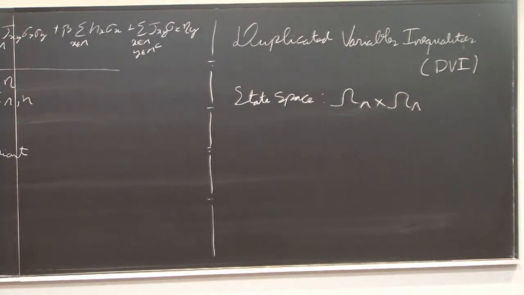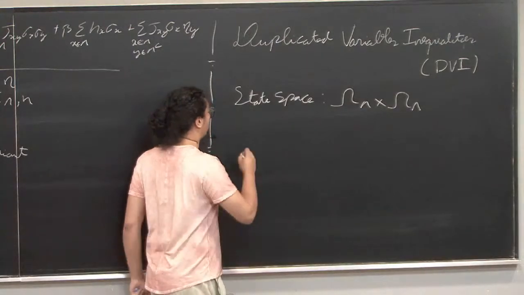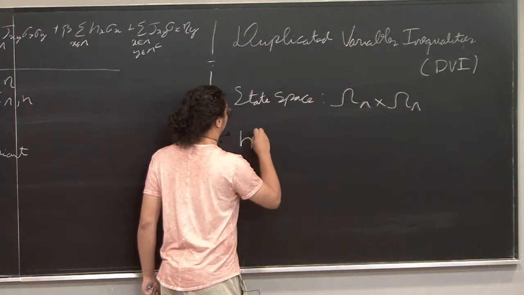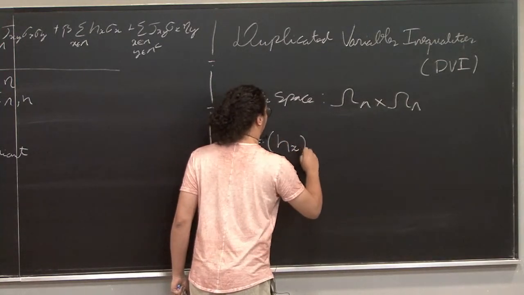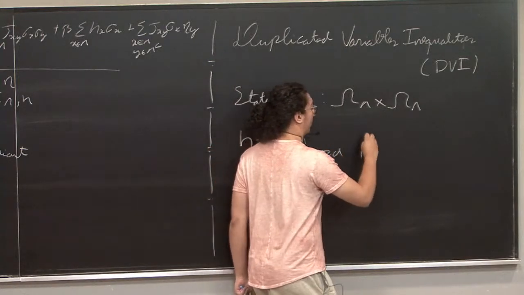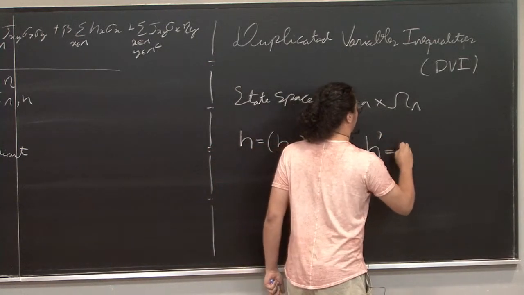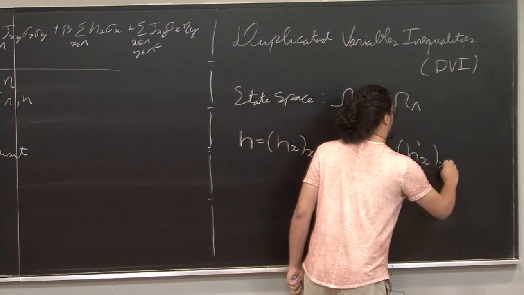We've seen this trick before, but I'm going to give more details now on what you actually do. Here you have this duplicated state space, and you have two families of external fields. You have our usual family, and you have another one, which I'm going to call H prime, so H prime is just a family H prime of x in Z^d.